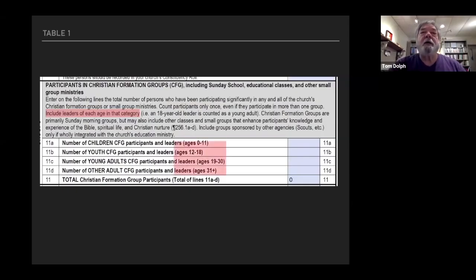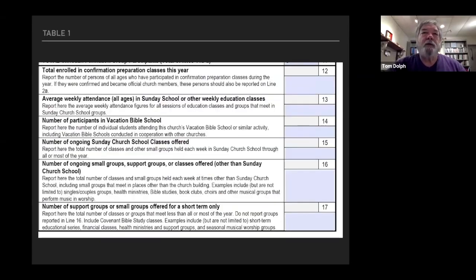So you can see then that these are broken up by age groups, and it just makes sense. Line 11 will total for you, and I'll come back to another piece of that later.